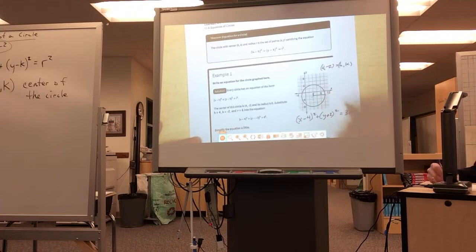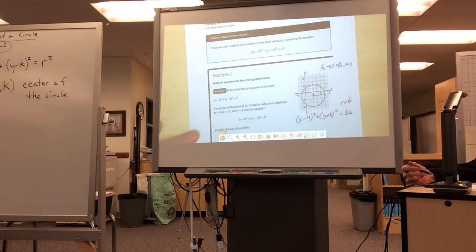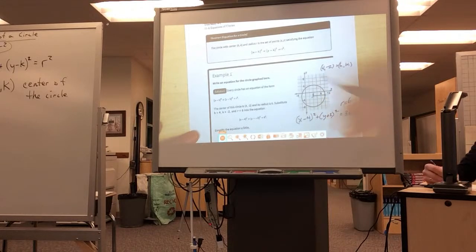I took 36 because the radius in this case is 6, and this would be r squared. Going from 4 to 10: 4, 6, 8, 10. So that's a radius of 6. 6 squared is 36.